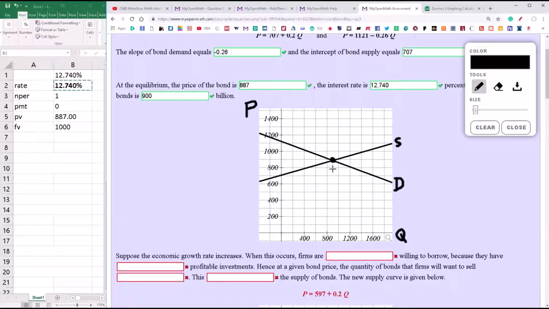And the equilibrium quantity is 900. And the equilibrium price is 887. Okay, that's how you'd graph it. All right, so let's clear that.